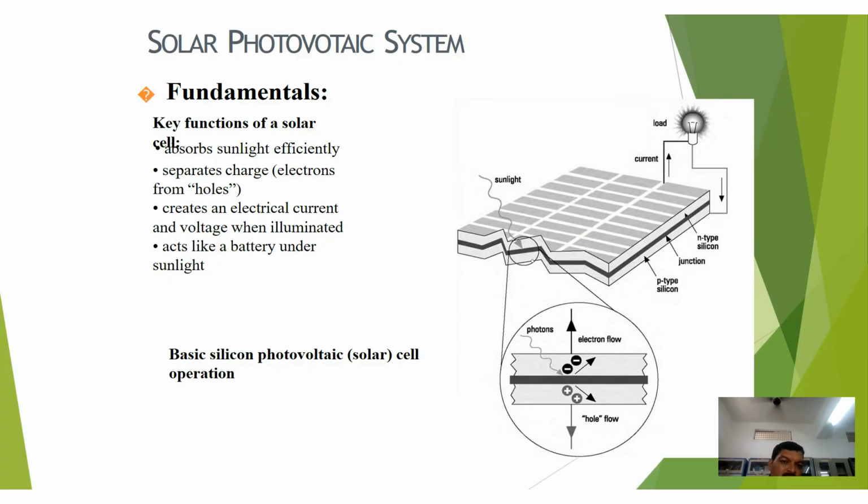When light energy falls on the junction, the electrons and holes move across the junction, so that the junction breaks and the flow of current takes place from the p-type to the n-type semiconductor. So it creates electric current, and that electricity is supplied to the load.